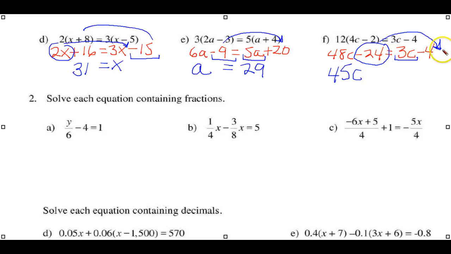A positive 24 and a negative 4 leaves me with a positive 20. Now again, you can write out the steps, but as we move along, we're allowed to take shortcuts and then check your work. On this side it was negative, on this side it becomes positive, and we can just mentally add that together. Now to get our answer, we have to isolate the c, so we're going to divide by the numerical coefficient.